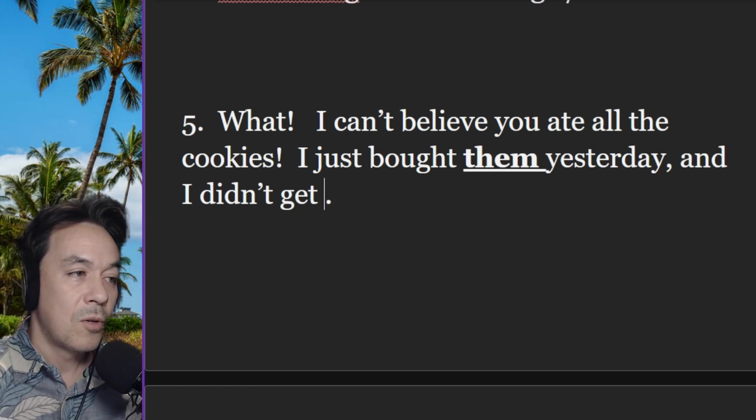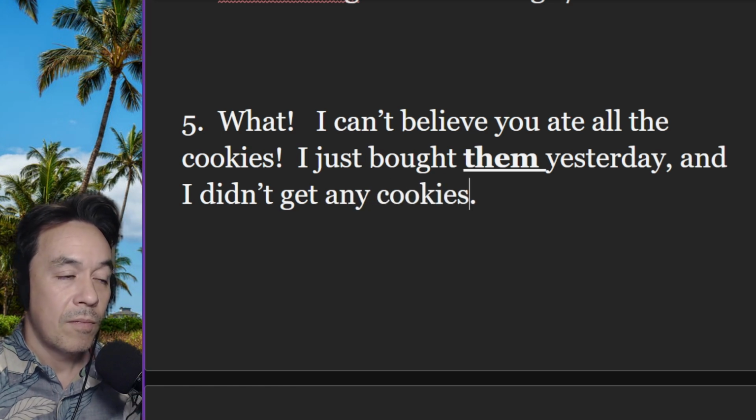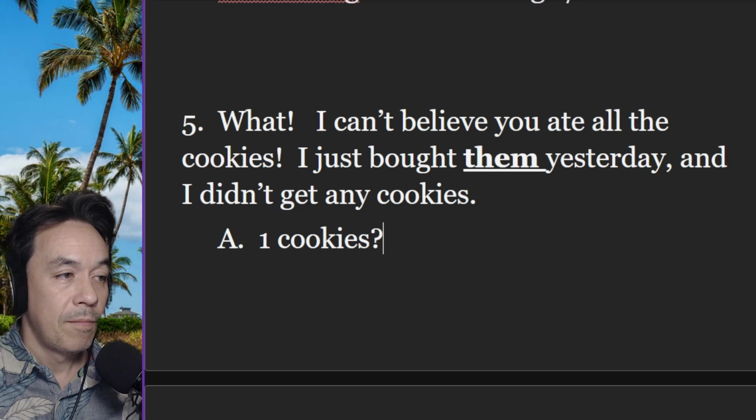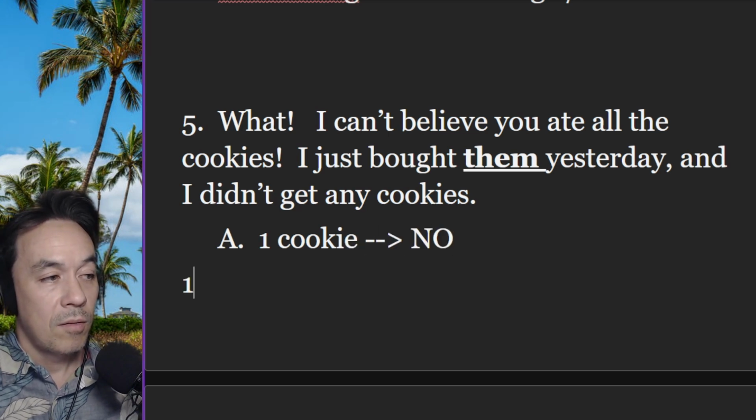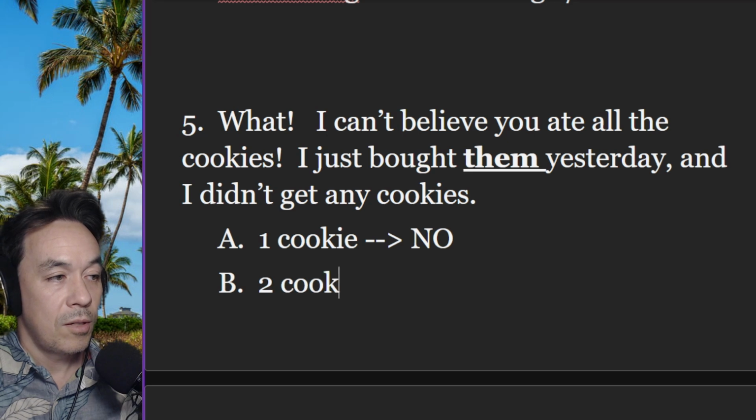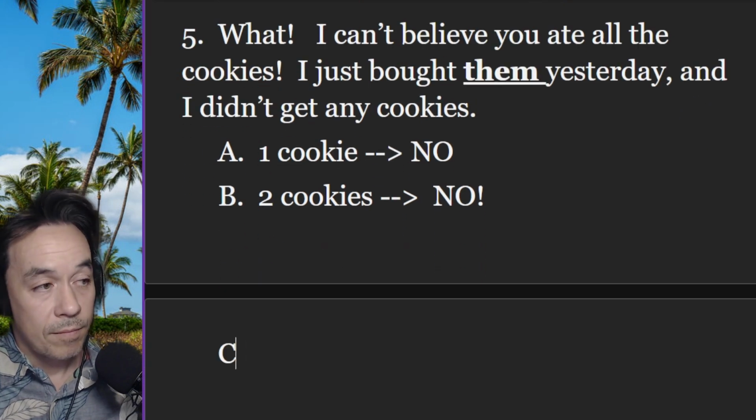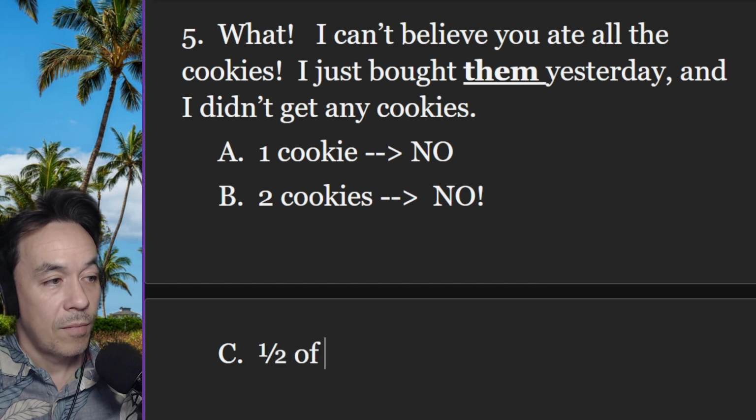But again, this is the case for any cookies. Oh, really? For example, one cookie? No. Or 2 cookies? No. 1/2 of a cookie?